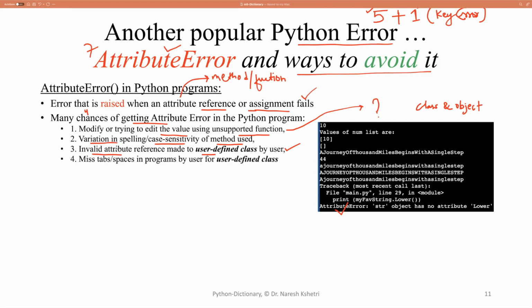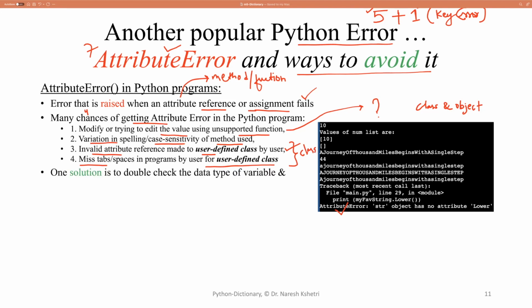And the last one, which happens so many times, is when users miss the spaces or tabs for the user-defined class. So the last two chances of getting the attribute error are for the class type. We will go and see the solutions one by one.